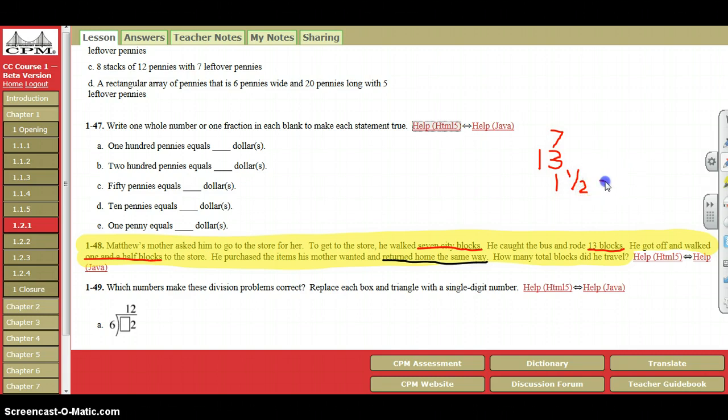If you use your calculator, you'll be able to figure out how far he traveled to get there. But remember, he returned home. So however many blocks it took him to get there, it took him the same amount to go home. So don't forget to consider that when you're answering the question, how many total blocks did he travel? Because he did go home. So take that into consideration and feel free to use a calculator to solve.